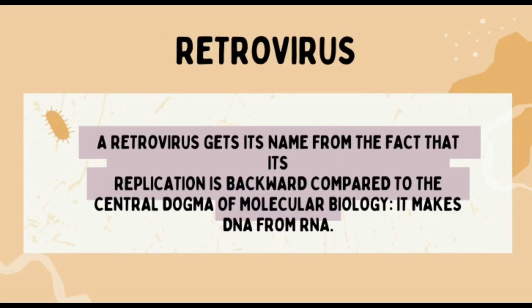Next is the retrovirus. A retrovirus gets its name from the fact that its replication is backward compared to the central dogma of molecular biology. It makes DNA from RNA. Ang normal transcription kasi is DNA to RNA, pero ang reverse transcription is RNA to DNA. Itong retrovirus kasi is a type of virus that uses RNA as its genetic material.